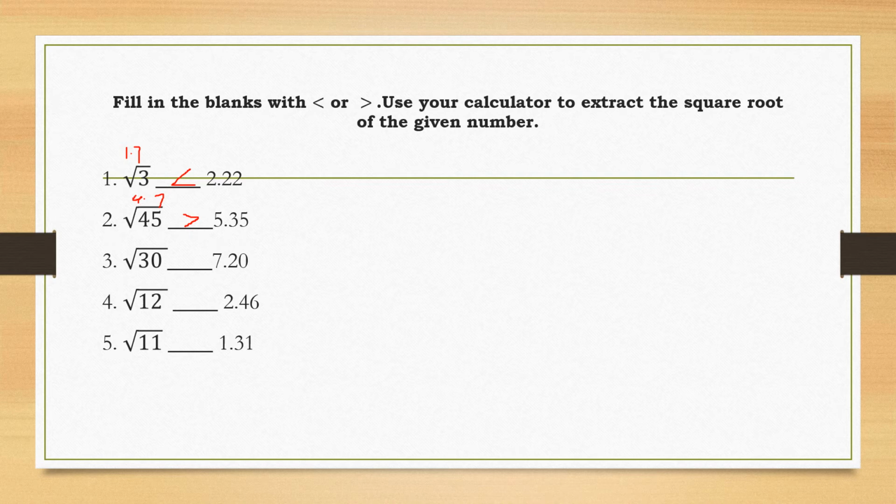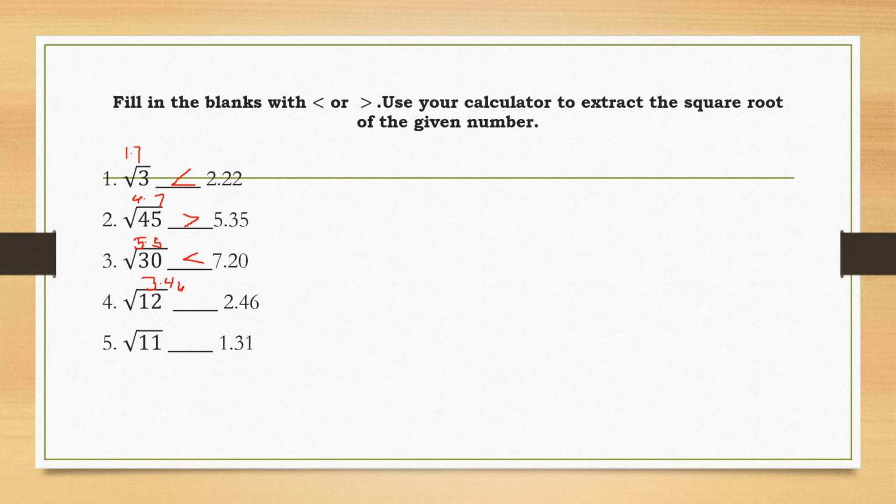Okay, next we have square root of 30. And square root of 30 is equivalent to 5.47. We can have 5.5, which is less than 7.20. All right. Next, we have square root of 12. Square root of 12 is 3.46.